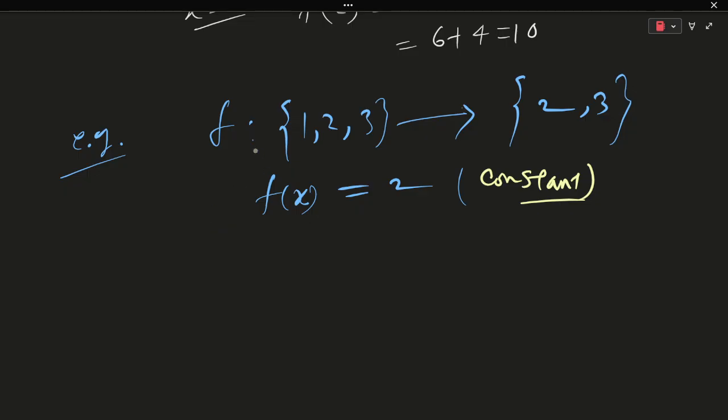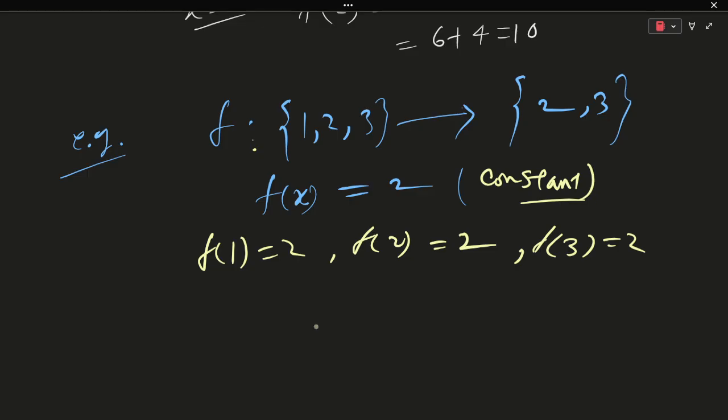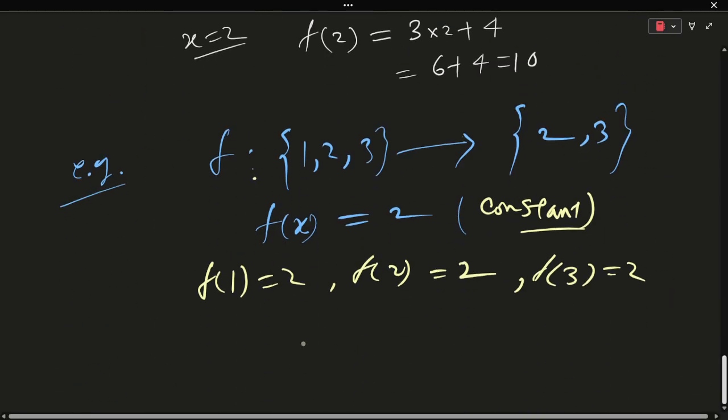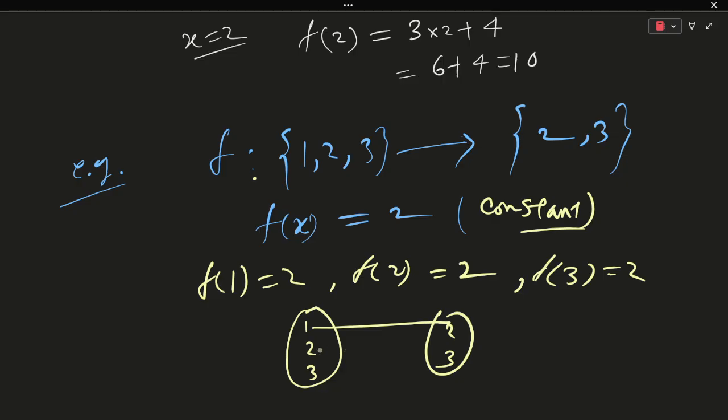So here f(1) is 2, f(2) is 2, and f(3) is 2. That means here 1, 2, 3 go to 2 by definition of f.